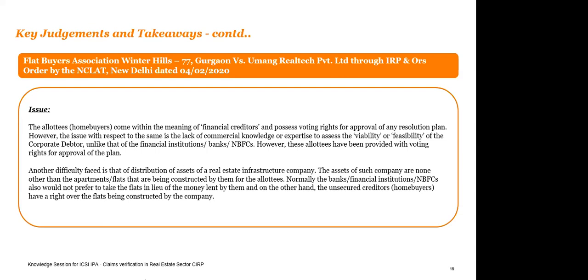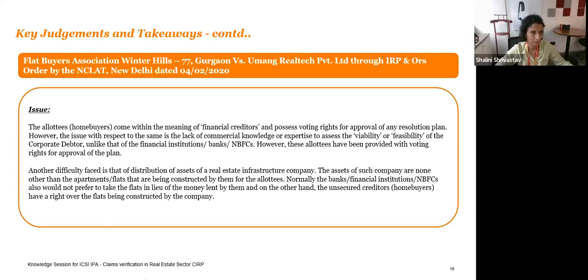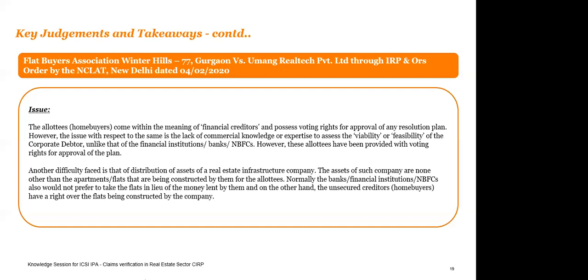Reverse CIRP is something where the IRP or RP will be there and will be monitoring everything, but no third party resolution plan will be accepted, while the ex-promoters from the outside will be assisting by giving the funds and continuing with the construction. They will have no direct rights on the company, and everything will have to be monitored and approved by the IRP, but the construction and funding can be done by the ex-promoters.